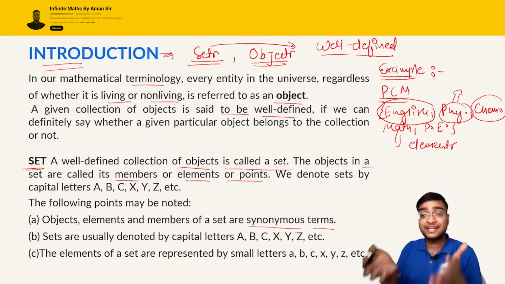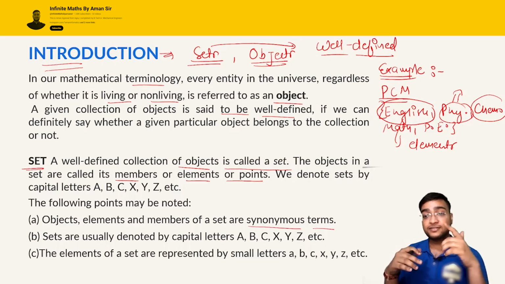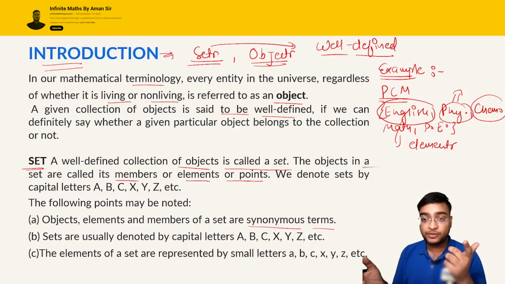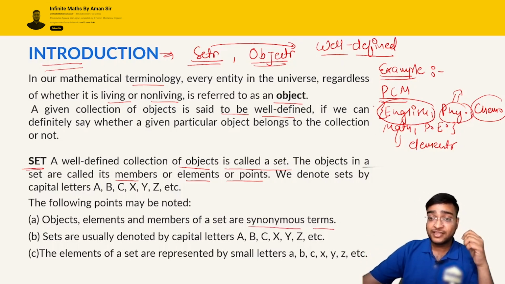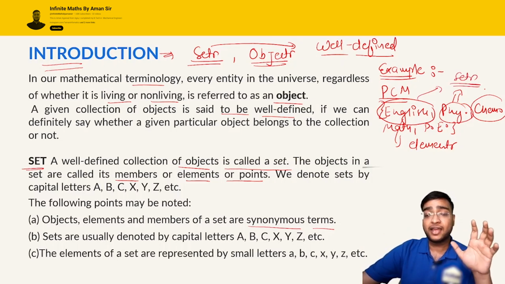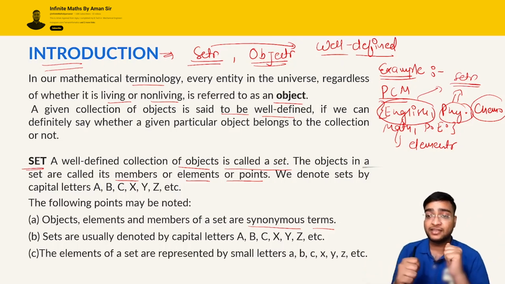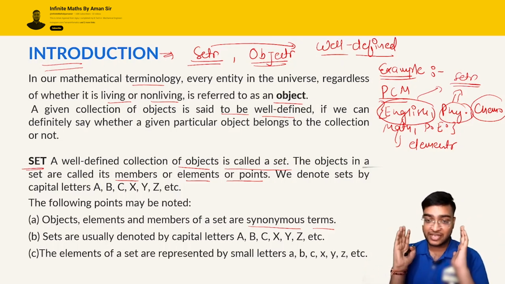They are related to each other; the objects in a set are not completely different from each other. If I ask what the commonality in these objects is, you can say these are the subjects of your class 11th.